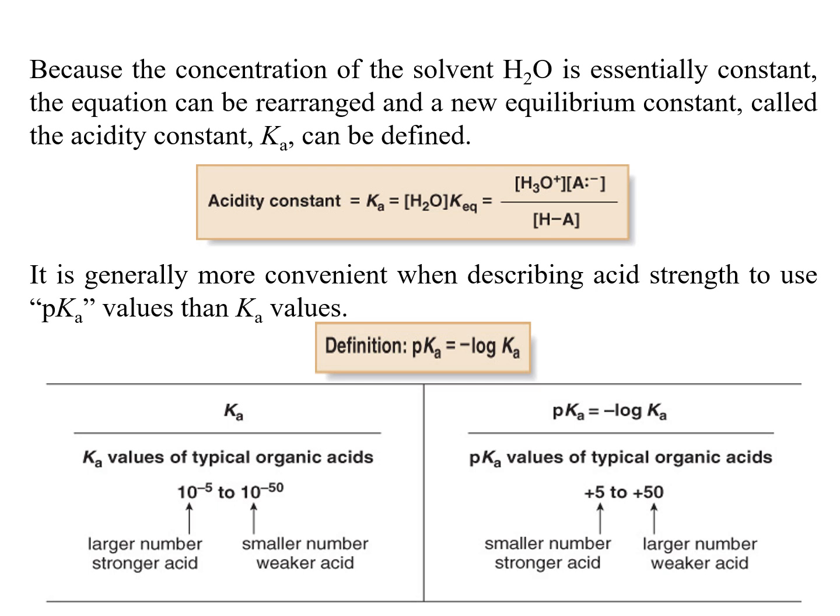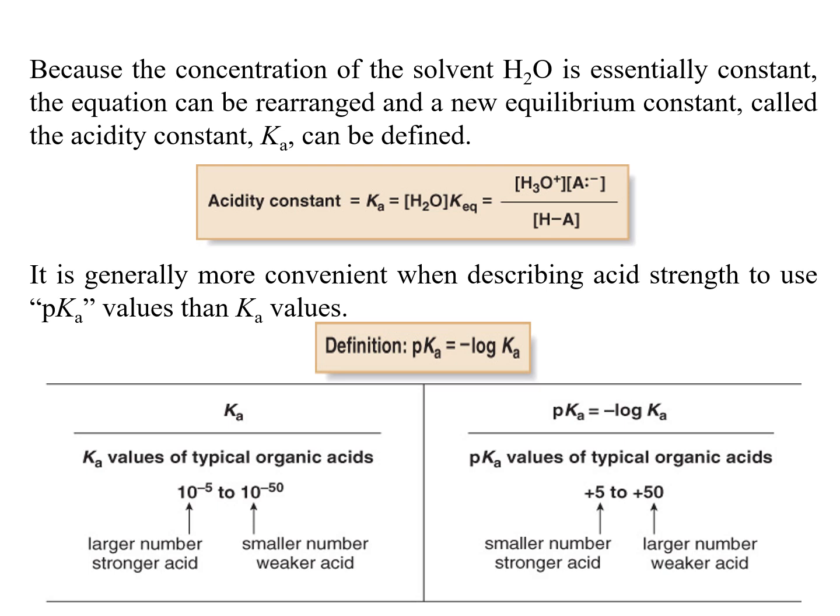The essence of the equilibrium constant in this sense is to help us describe the strength of acid. Then pKa is used rather than Ka values. pKa is simply the negative logarithm of Ka.